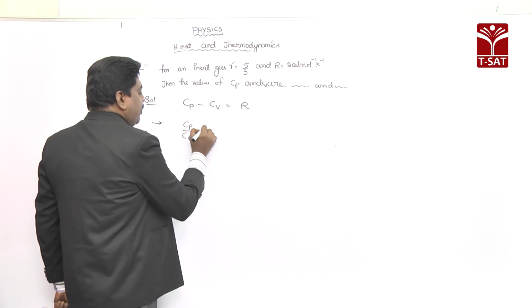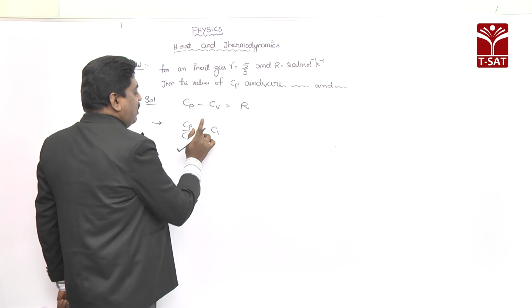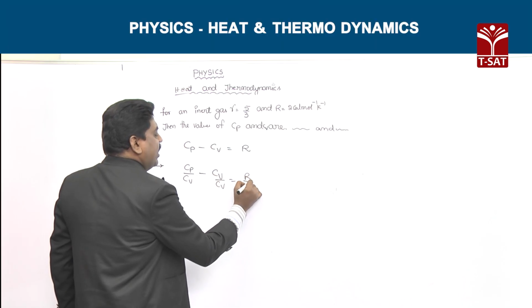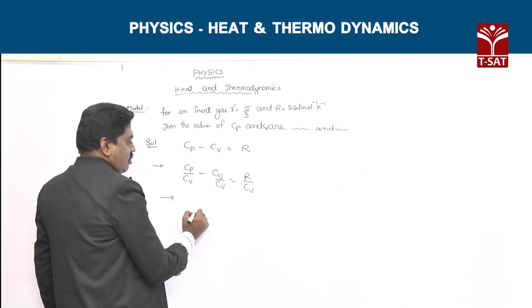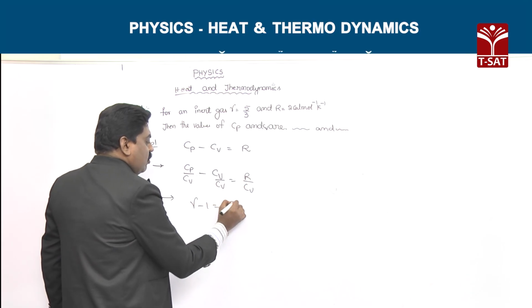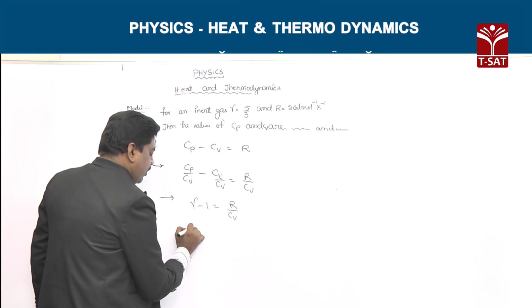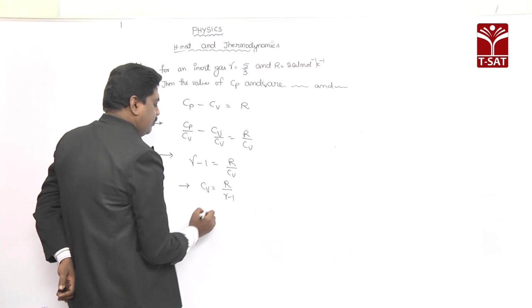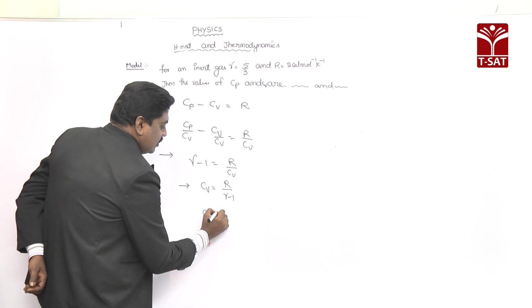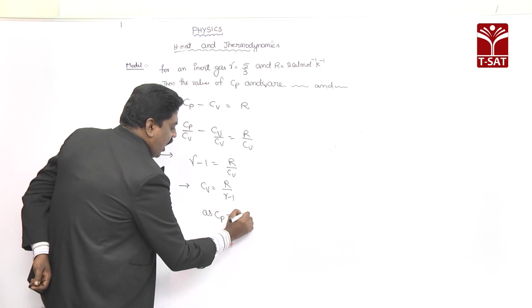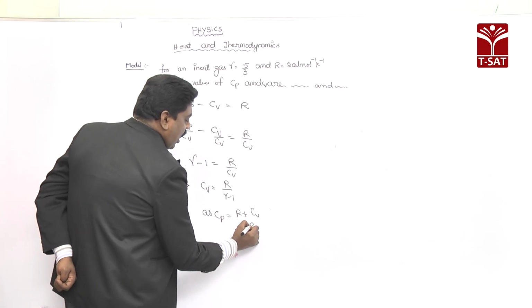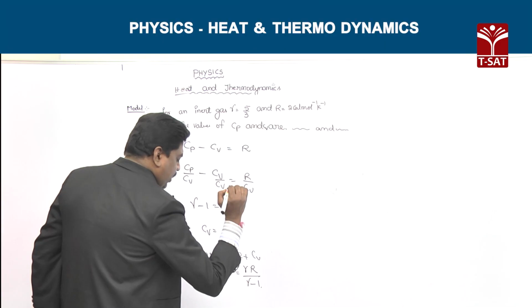Cp by Cv minus Cv by Cv equals R by Cv. Gamma minus 1 equals R by Cv, where Cv is given as R by gamma minus 1, and as Cp equals R plus Cv, we can write it as gamma R by gamma minus 1.